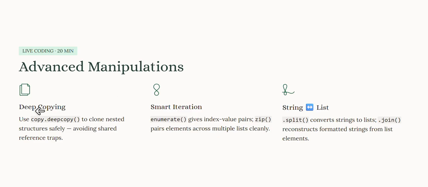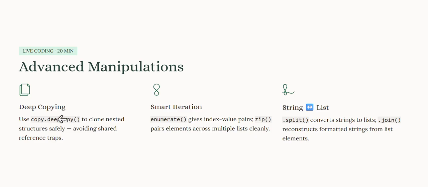Okay, advanced manipulations. So deep copying. Use copy.deepcopy to clone nested structures safely, avoiding shared reference traps. So copy.deepcopy can be used for cloning nested structures safely, and all the traps that are there with shared references can be avoided.